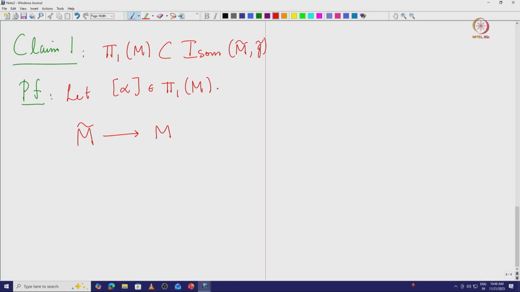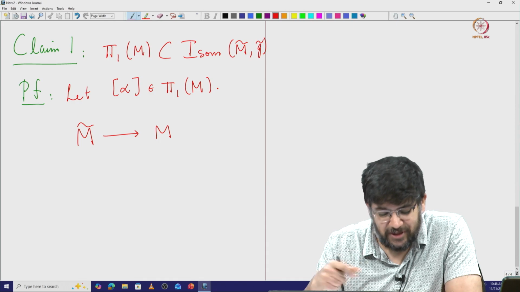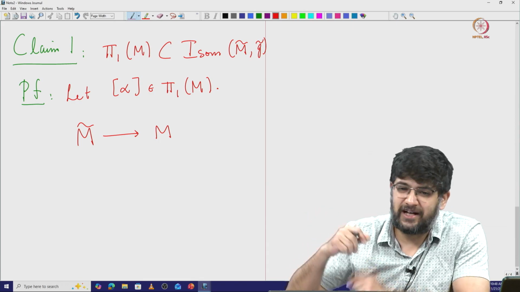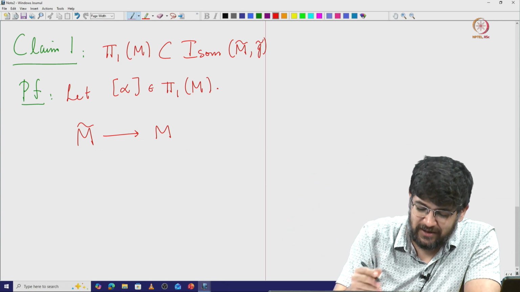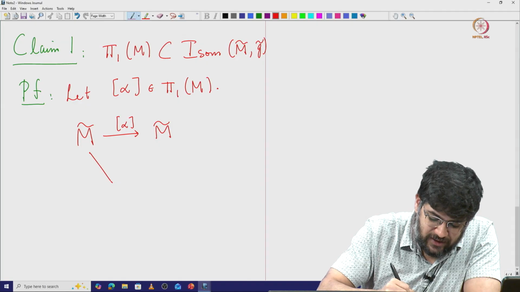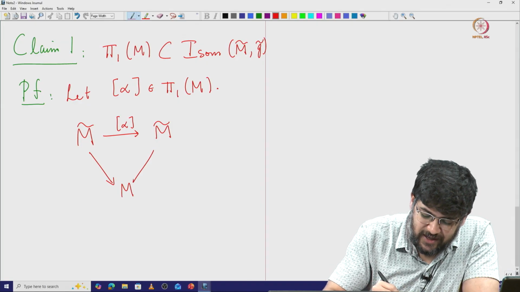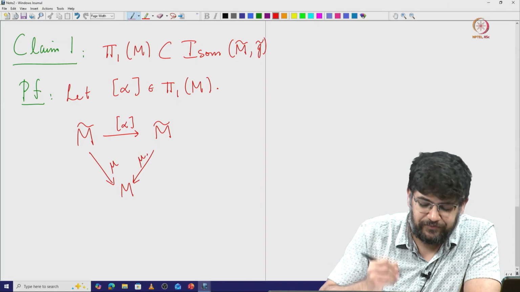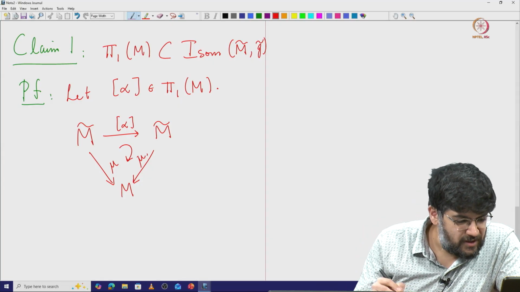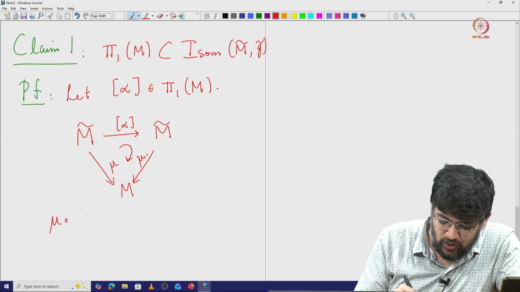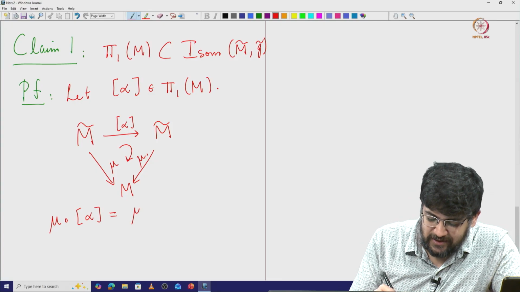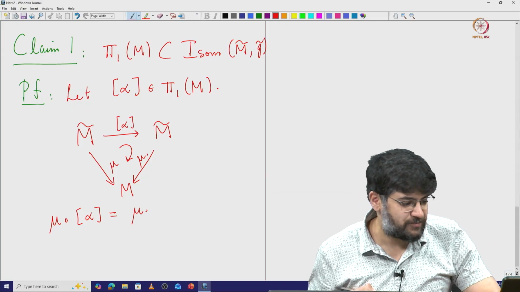Remember, this defines a diffeomorphism of the universal cover, and that is just by using the path lifting property. We went over this during our discussion of covering spaces. So you have the following picture, which commutes. You basically have mu composed with the map defined by alpha, that is the same as mu.